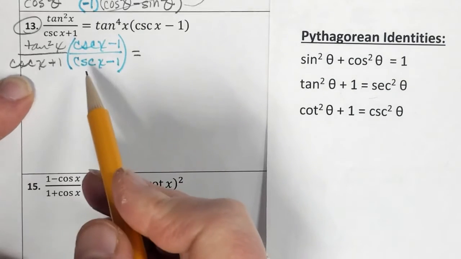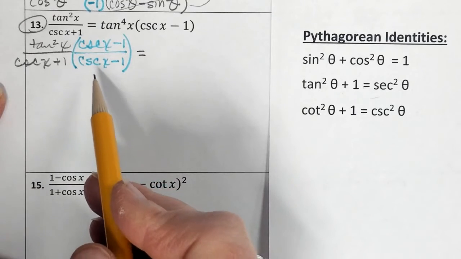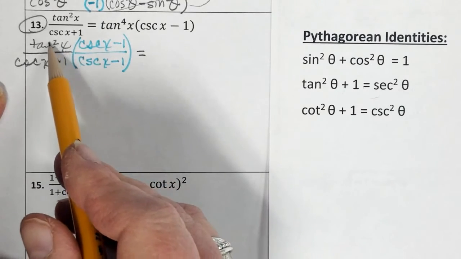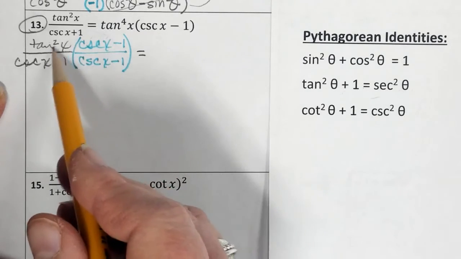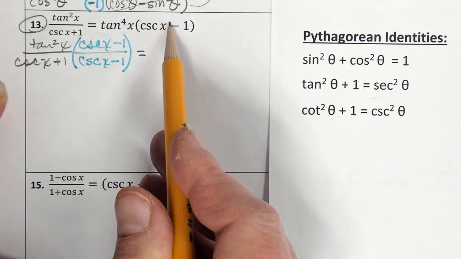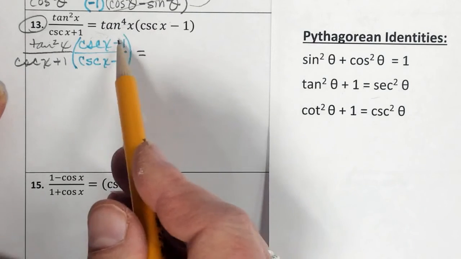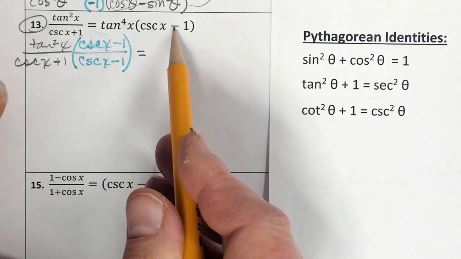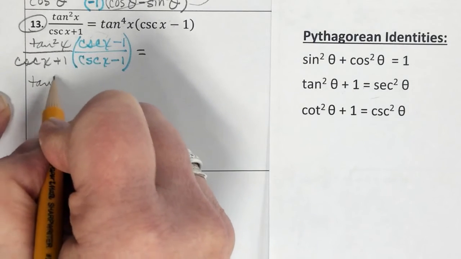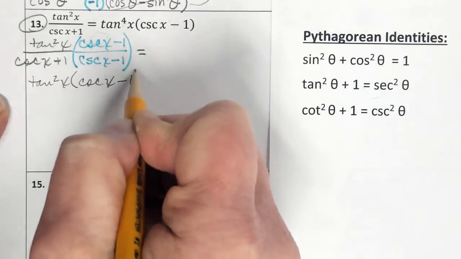It's the same thing over itself, so it's not changing the value, just its form. So my numerator, now the tendency is to distribute this, right? Well, don't bother, because look over at the right side. You see how it kept the tangent outside to begin with. And this is already what we want. So I'm going to leave that numerator the way it is. I am not going to distribute it.